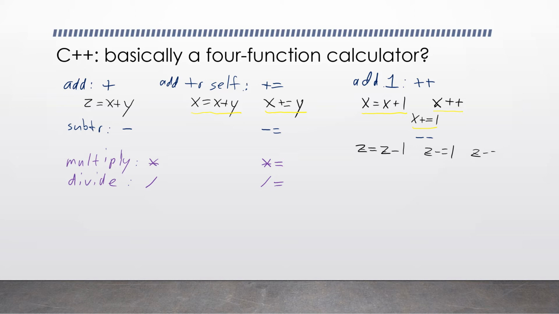So here, A equals A times 2 would work just as easily as saying A times equals 2. If we said B equals B divided by 4, that would be the same as saying B slash equals 4. Okay, so those all work.